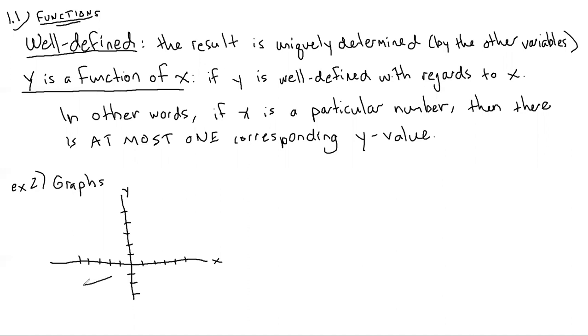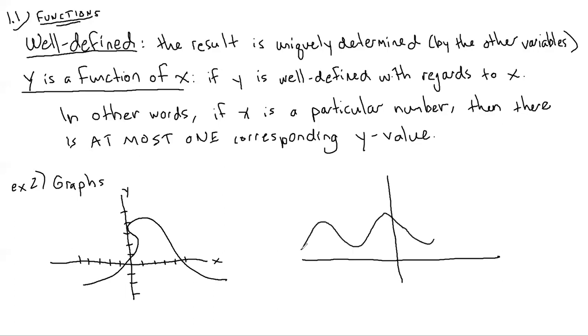So let's say I have a graph and maybe it's some kind of weird curve like that. And I'll draw another graph over here. And we'll see a graph that looks like this quite a bit later. That's not a very good scale, but that doesn't matter.